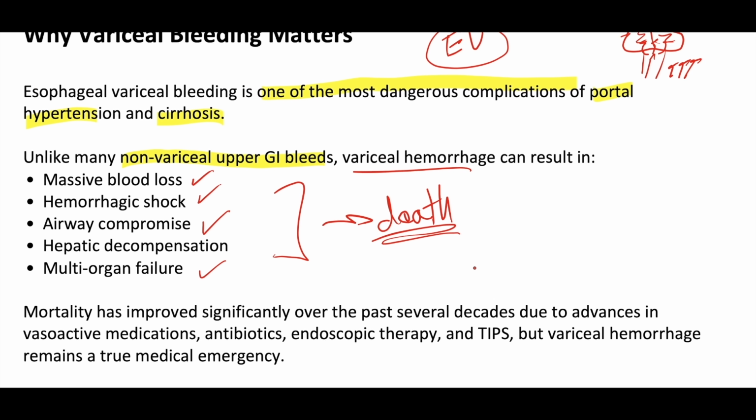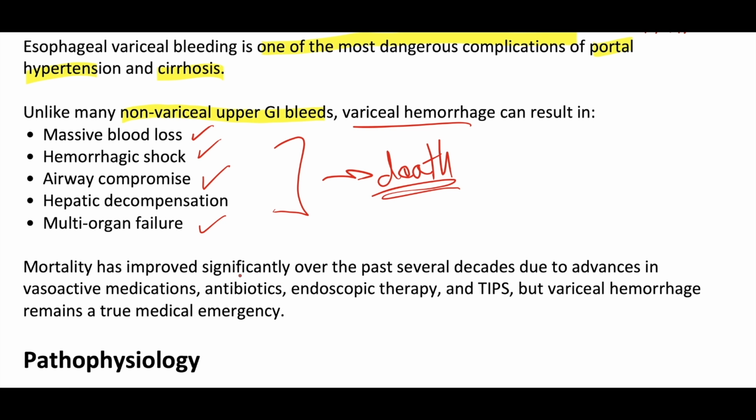Luckily, over time, the mortality has significantly improved, given advances mostly in vasoactive medications, antibiotics, endoscopic therapies, TIPS, etc. But this is a real emergency. This is the real deal. This is a difficult thing to manage. Less difficult to identify, but certainly difficult to manage.